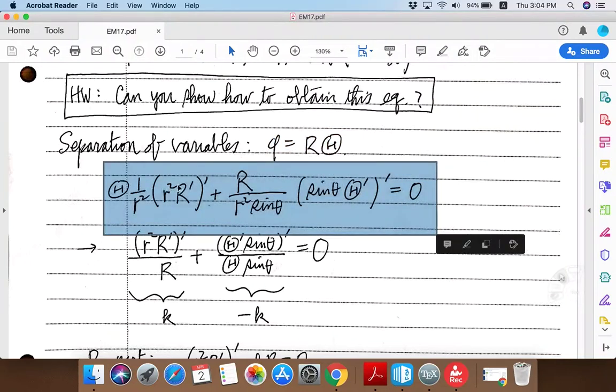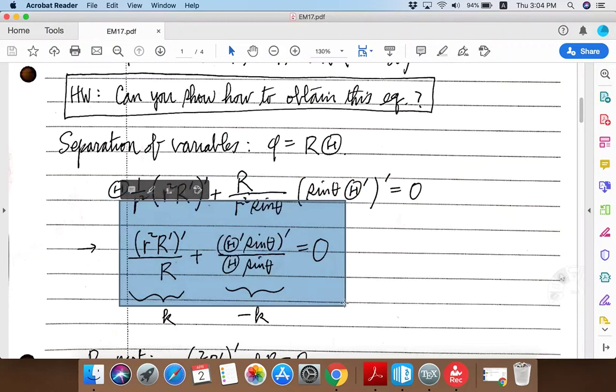Certain functions move outside the differential because they do not depend on the variable for which differentiation is taking place, which is the key feature of the separation of variables technique. And by further dividing this by the product of theta and r, we have this expression.